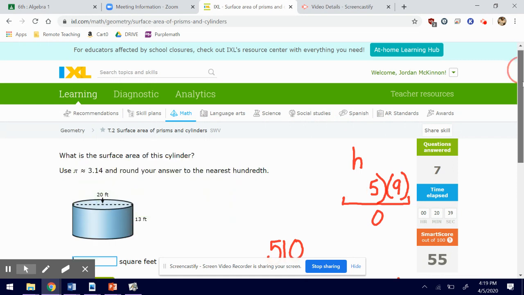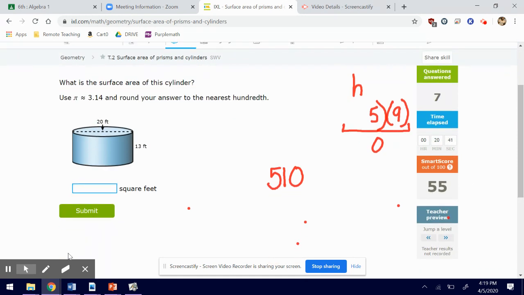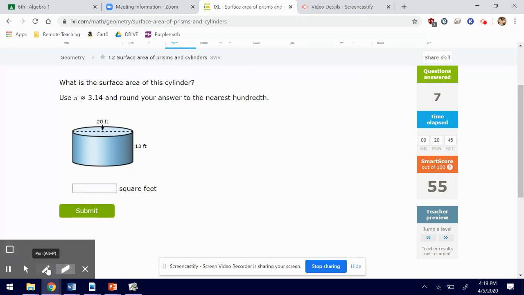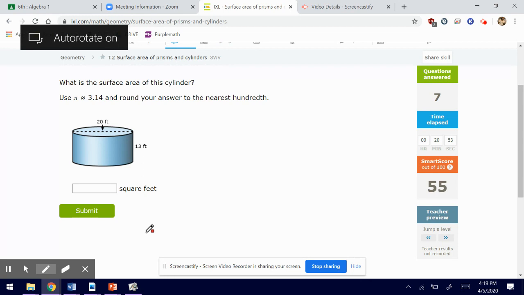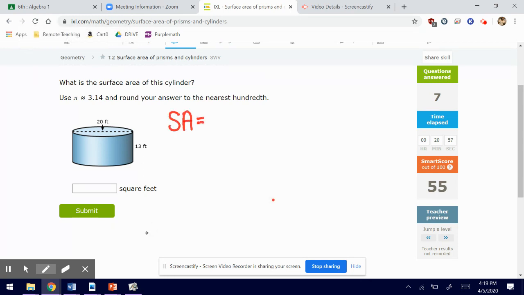So it looks like we probably only have to get one more right, because we're at 55 and you only had to get to 60. So this is a cylinder. I'm looking on my paper for my cylinder formula. I have that the surface area of a cylinder equals 2 times pi r squared plus 2 times pi r h.